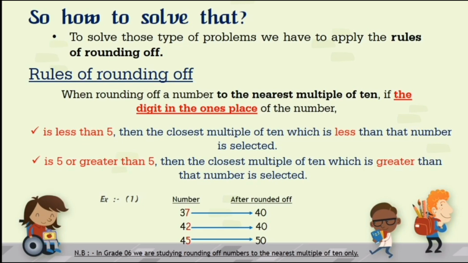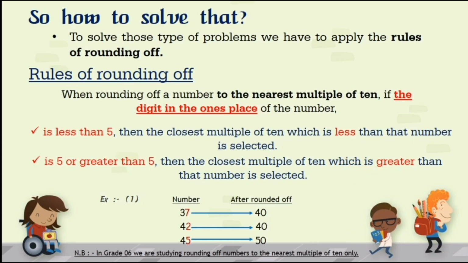If the digit in the ones place is 5 or greater than 5, then the closest multiple of 10 which is greater than that number is selected.